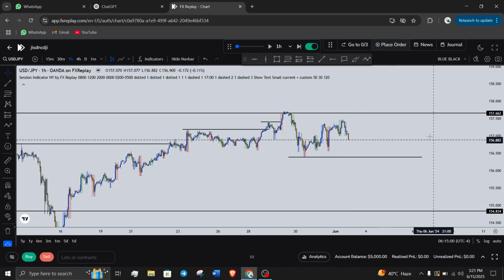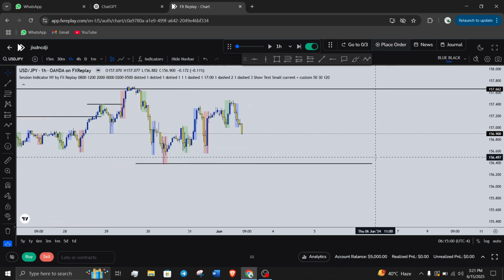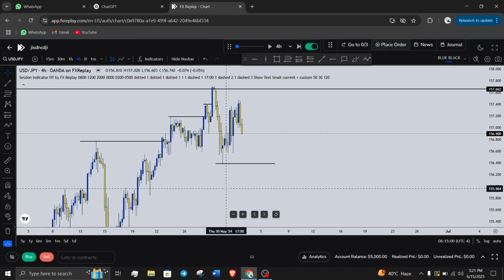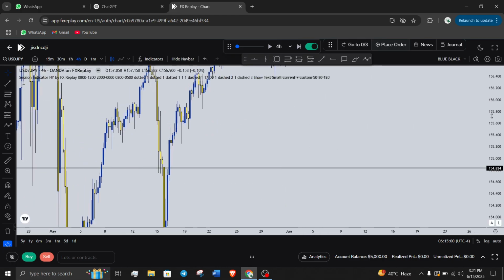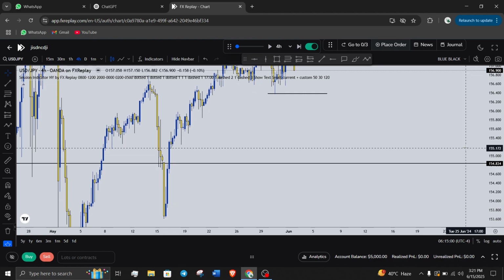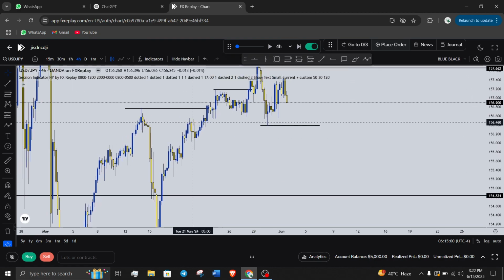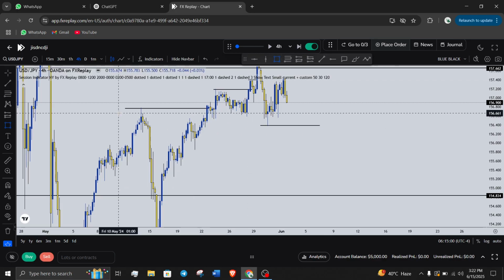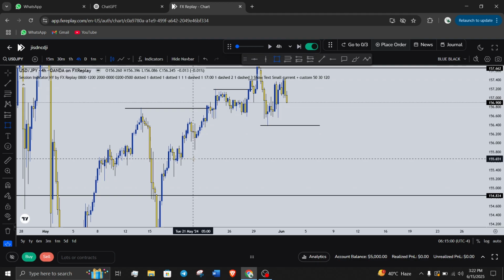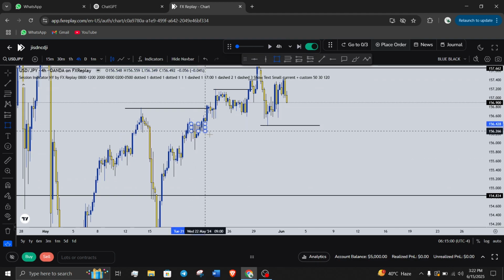Okay, we are currently here. I will just real quick mark my zones. So where did we have our major demand zones? We had one tap from here. This was not essentially a break of structure, so this is still valid.